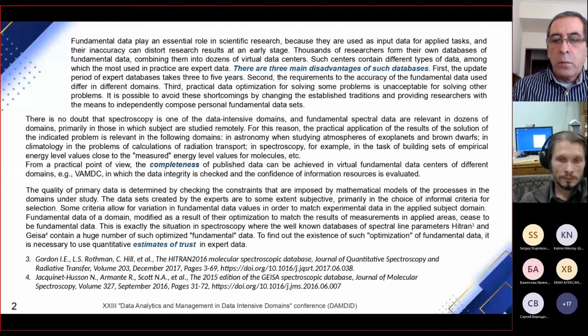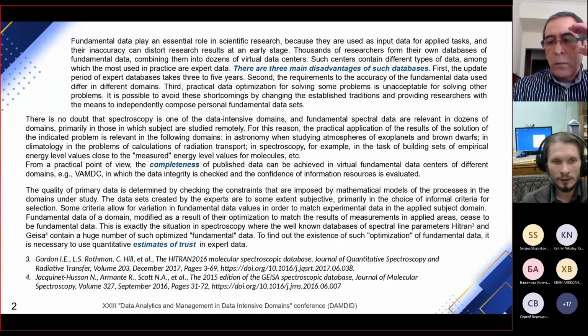One of the problems is that data sets created by the experts are to some extent subjective, mostly in the choice of informal criteria by which they select data.